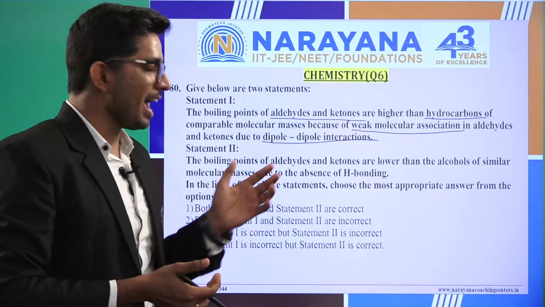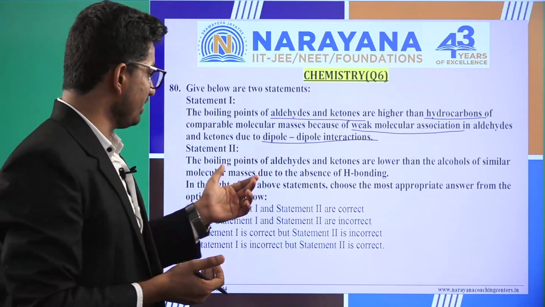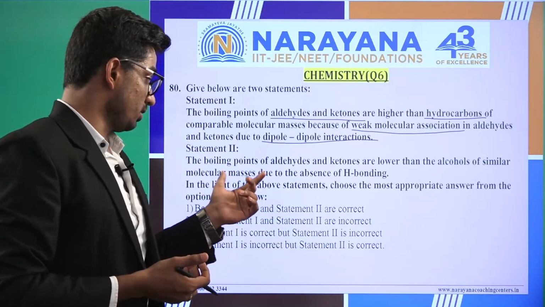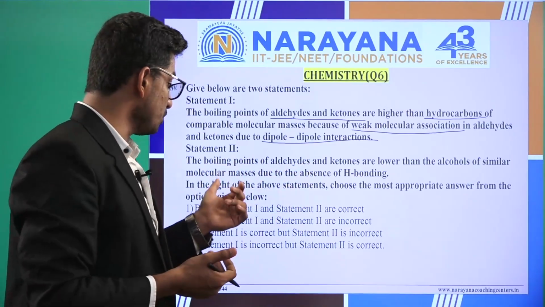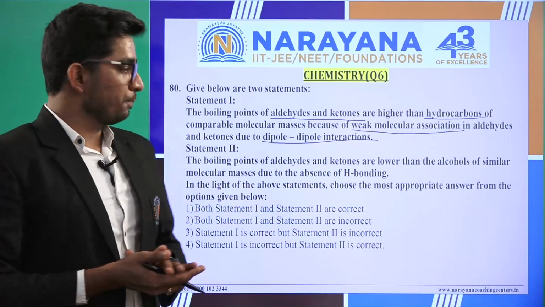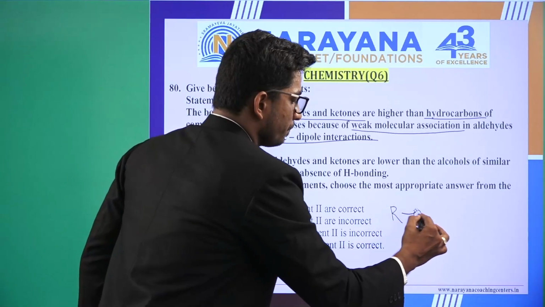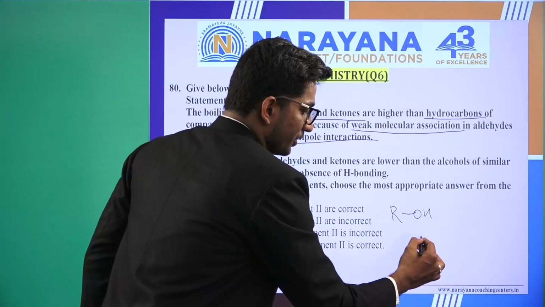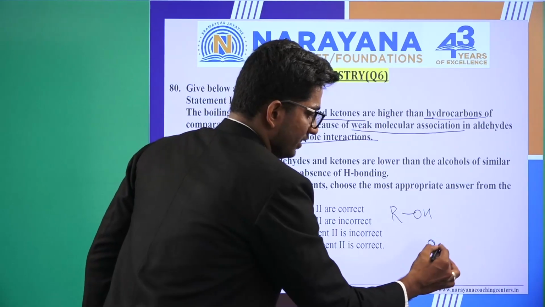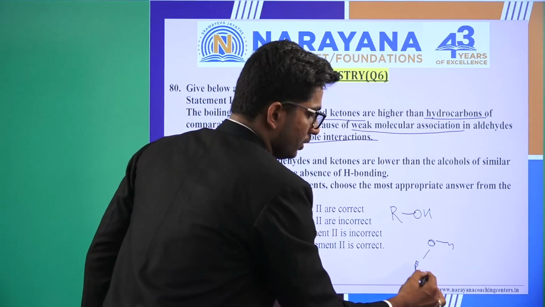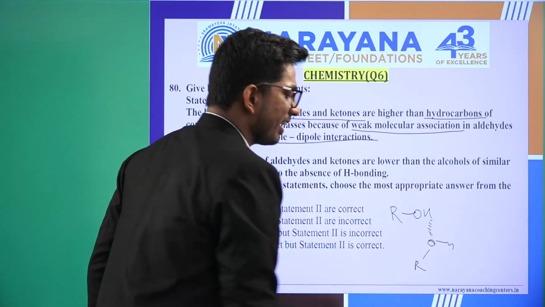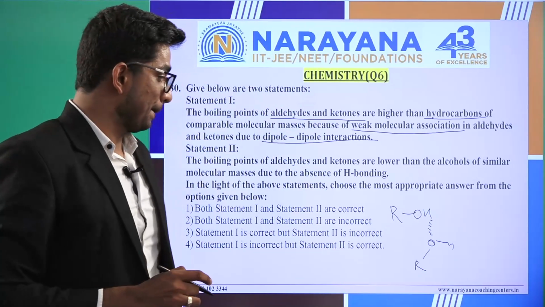So here also we have the same category, and we are taking aldehydes, ketones and alcohols of similar molecular masses. So we can see in alcohol, we have ROH, and we have another molecule, right? I can draw it like this. So we can see here we have interaction, that is hydrogen bonding.